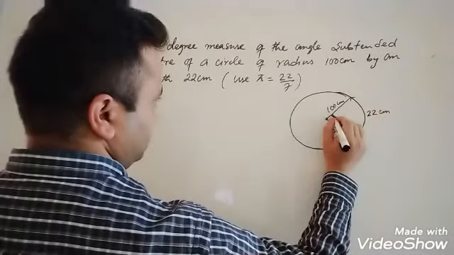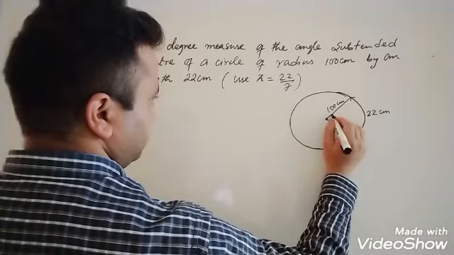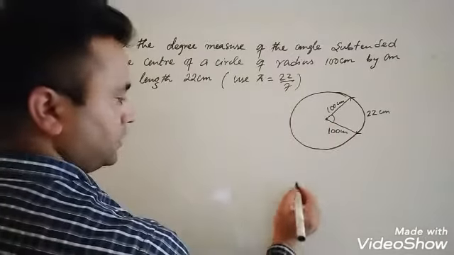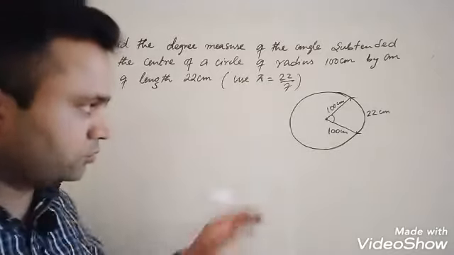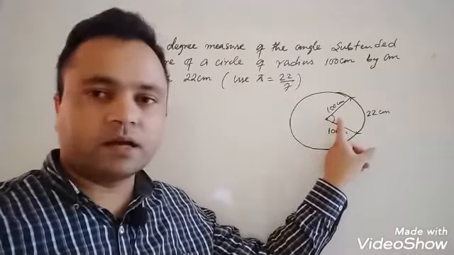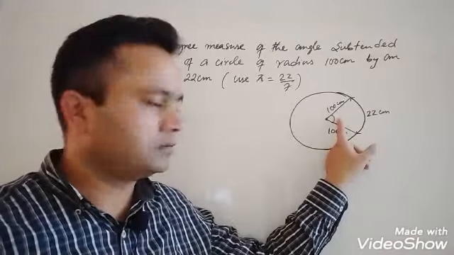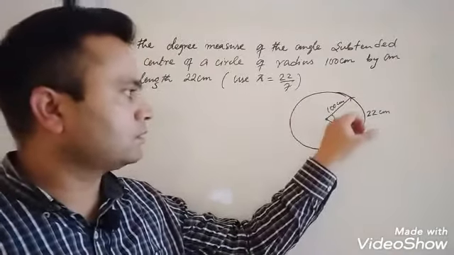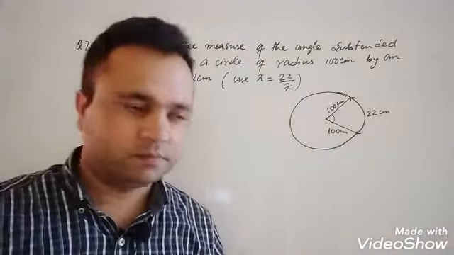We want to calculate the angle at the center in terms of degree. First we have to calculate the angle at the center in terms of radian.